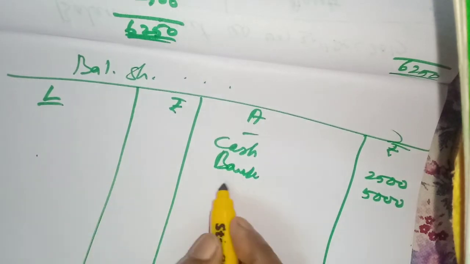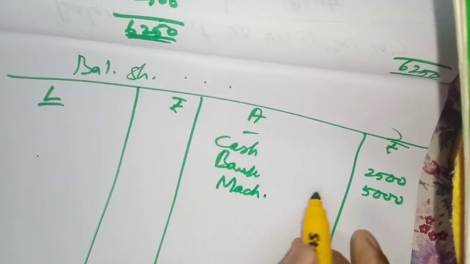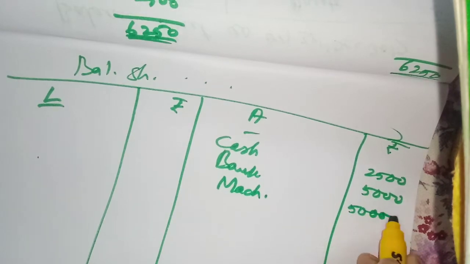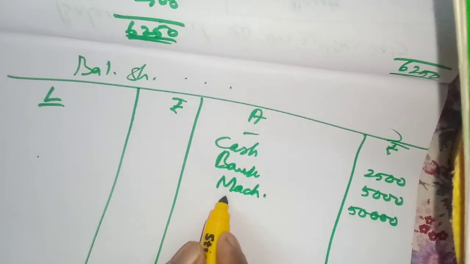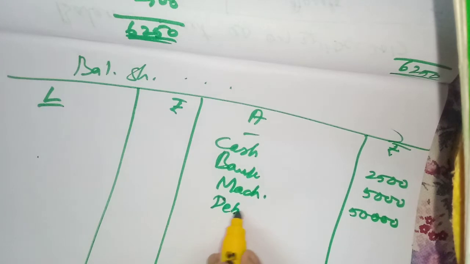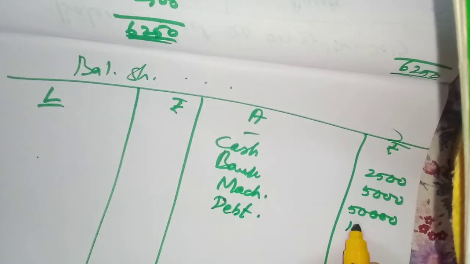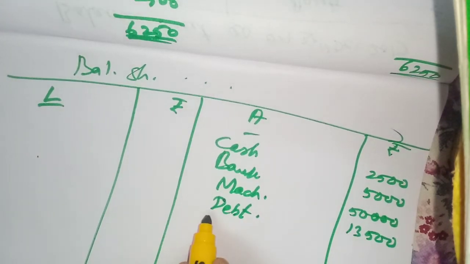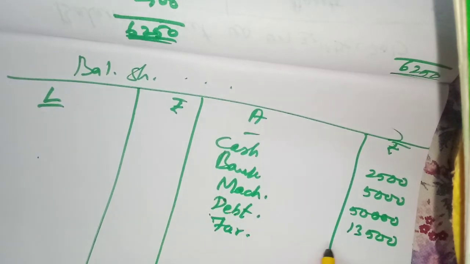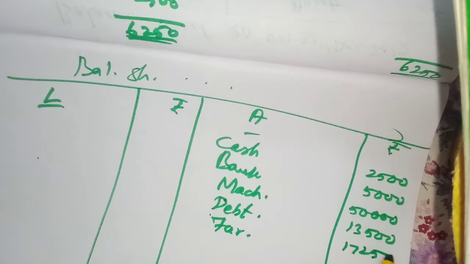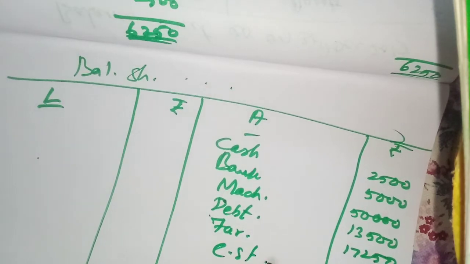And wages. Then machinery 50,000. Debtors 13,500. Then furniture 17,250.